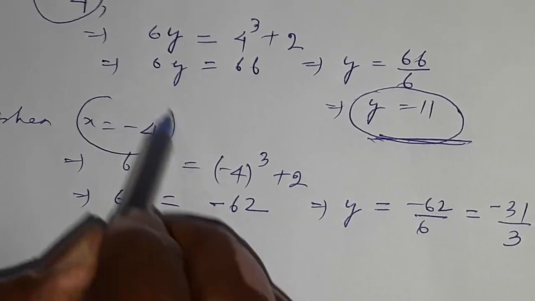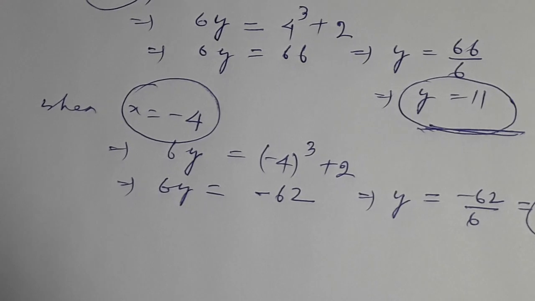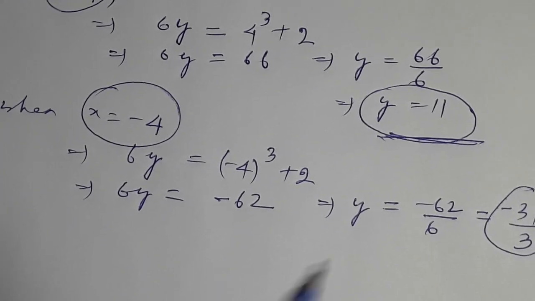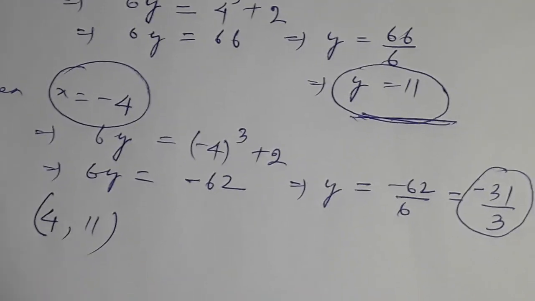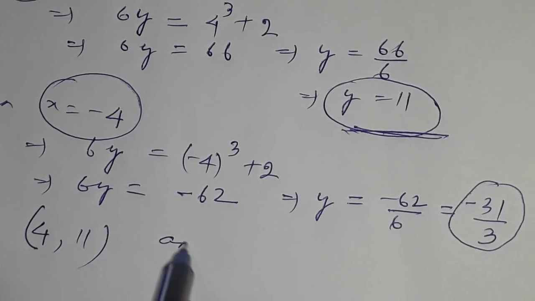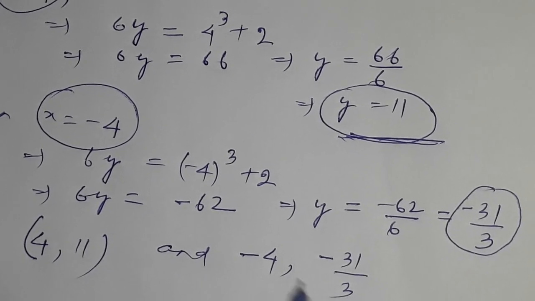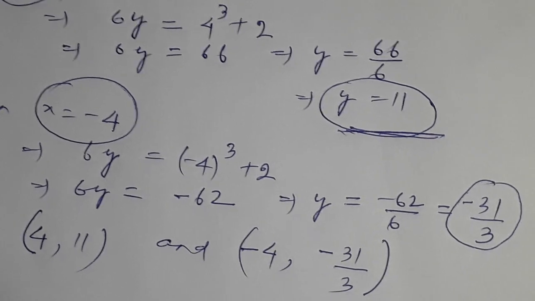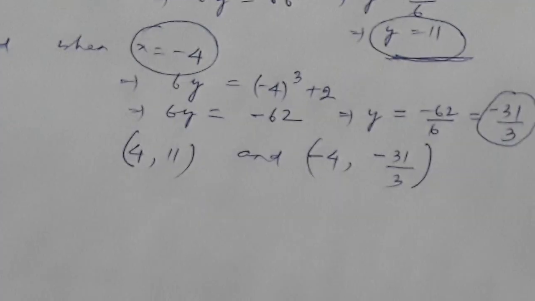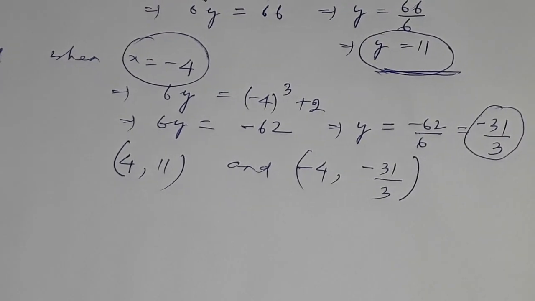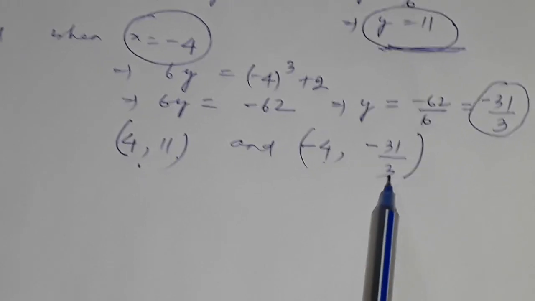When x equals minus 4, y equals minus 31 by 3. So the required points are (4, 11) and (-4, -31/3).